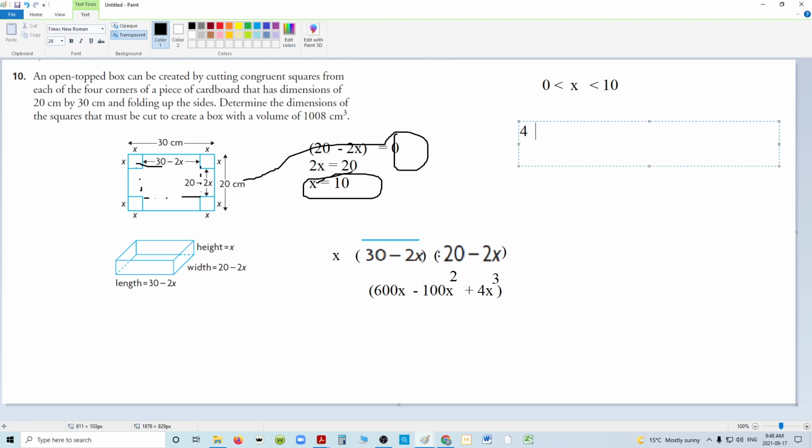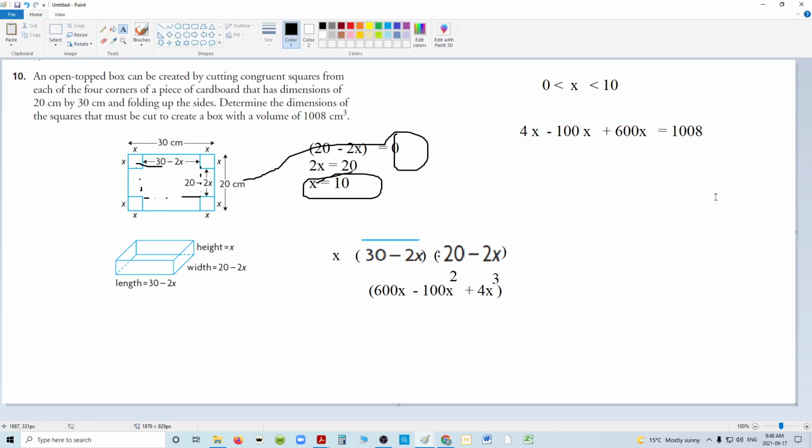minus 100x squared plus 600, and you're trying to make it equal to the volume, because the left side is the volume formula.